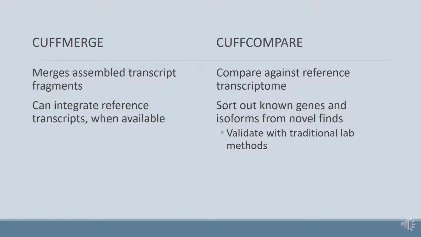CuffCompare is an optional step when a reference transcriptome is available. It will compare the assembled transcripts against the reference and sort out known genes and isoforms from novel finds, which can then be validated with cloning and PCR techniques.